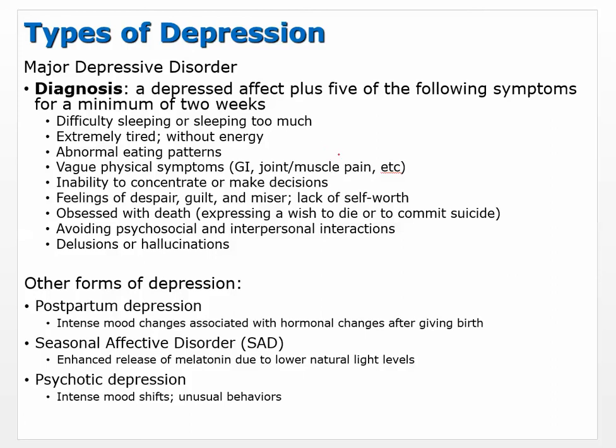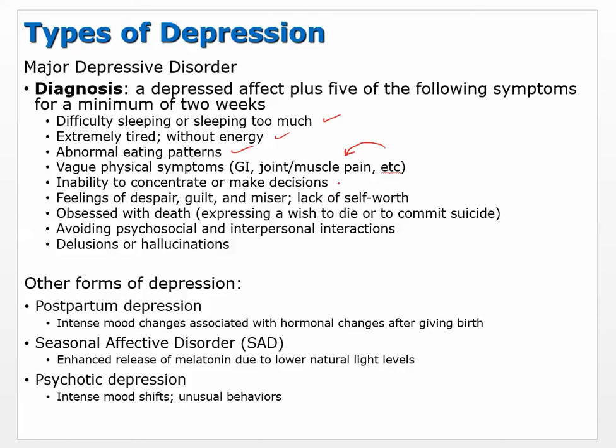All right, so major depressive disorder. This is types of depression. Major depressive disorder is diagnosed with a depressed affect, which kind of means mood, plus 5 of the following symptoms for a minimum of 2 weeks. Sleeping disturbances, so either difficulty sleeping or sleeping too much, extremely tired, no energy, abnormal eating patterns, which can even manifest as pain: GI, joint, or muscle pain.